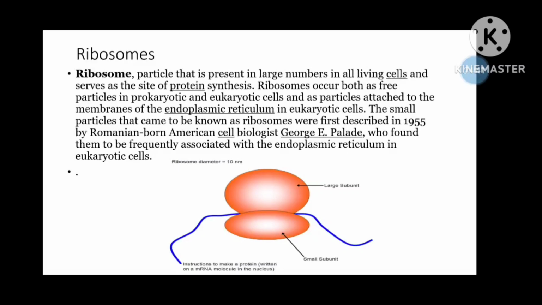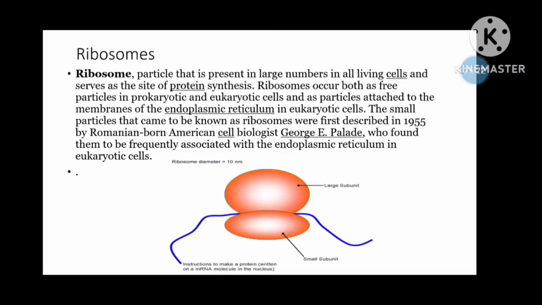The small particles that came to be known as ribosomes were first described in 1955 by American biologist George E. Palade, who found them to be frequently associated with the endoplasmic reticulum in eukaryotic cells. You know, ribosomes are of two types. One is called 70S and the second is 80S. 70S ribosome is present in prokaryotic cells and 80S ribosome is present in eukaryotic cells.